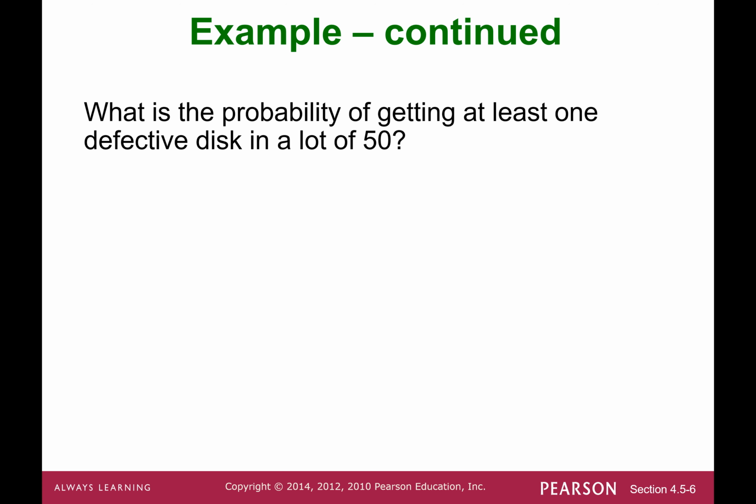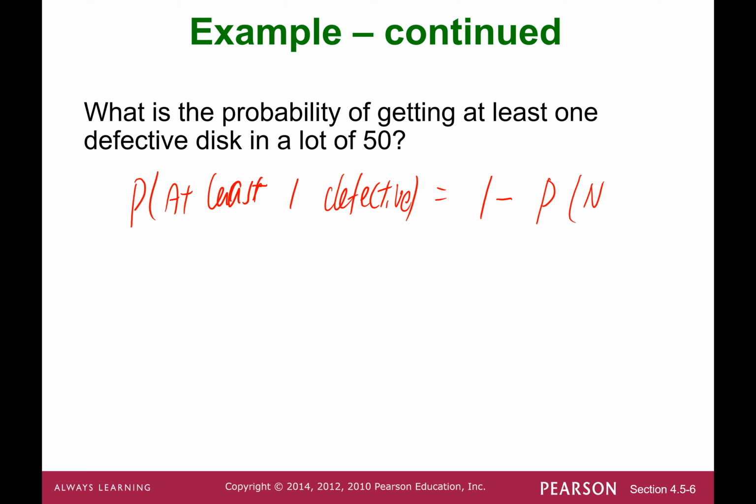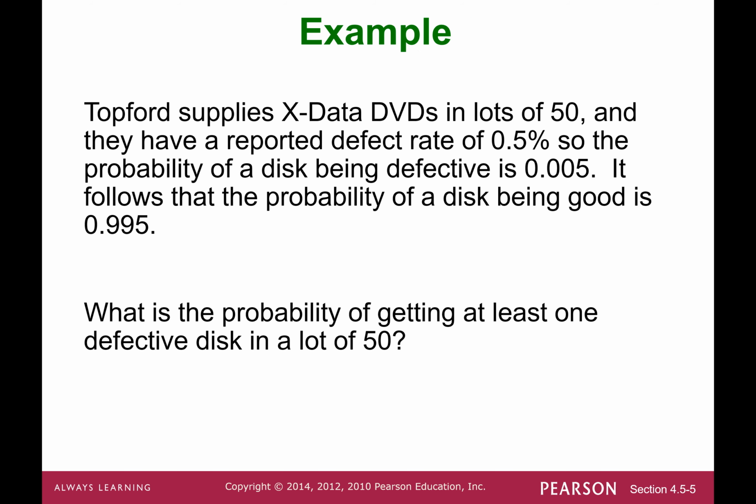So again, this is at least one defect. So we're using 1 minus the probability of none, no defective disk. And if you look at the probability, they have to be all good.